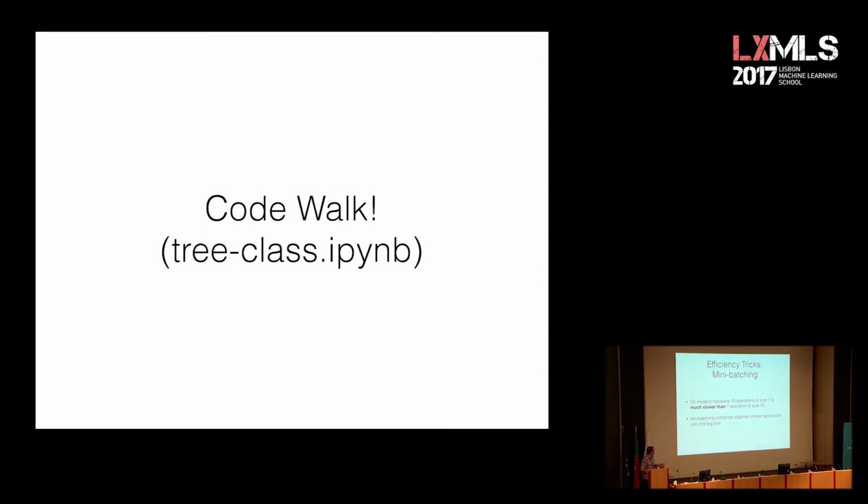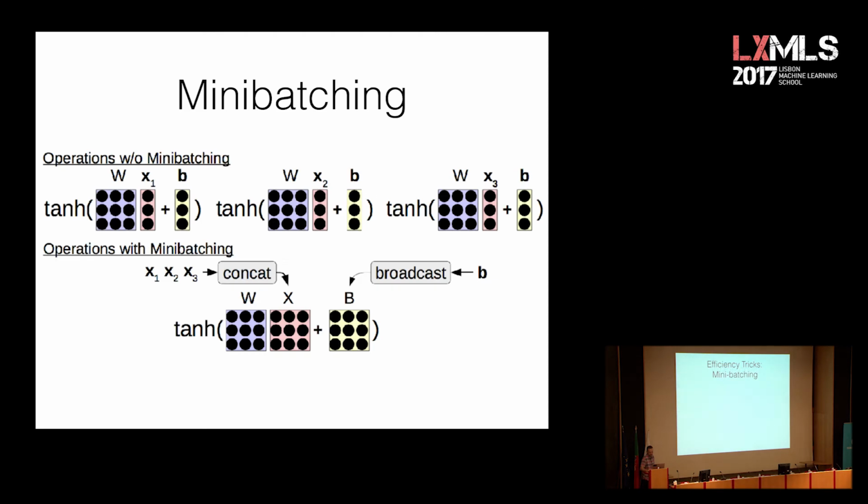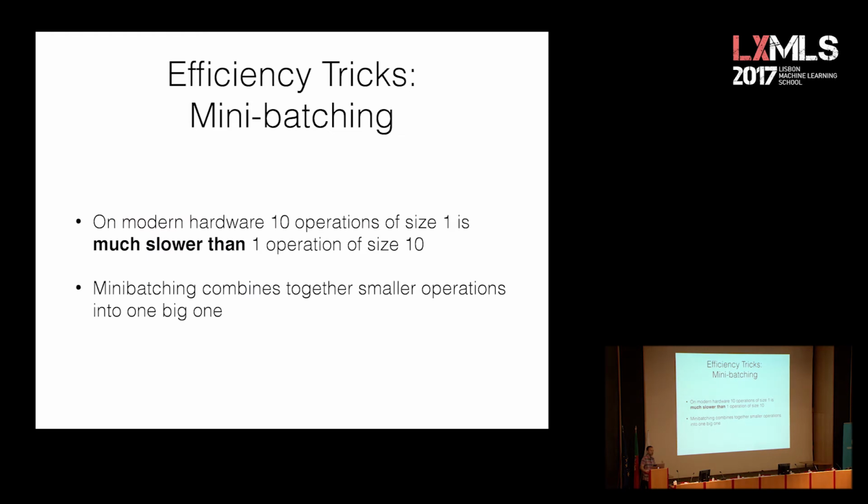So mini-batching combines together smaller operations into one big one and basically makes speed improvements. Just as a little quiz, let's say you want to add 2 numbers together, but you want to do it over and over again.